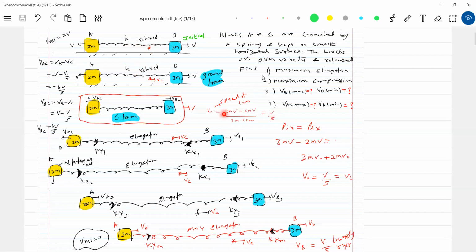We calculate the speed of the center of mass: 3mv minus 2mv is equal to (3m plus m) v by 5. I'll highlight it because it's very important data for us. Next we'll proceed to the next part of the problem.